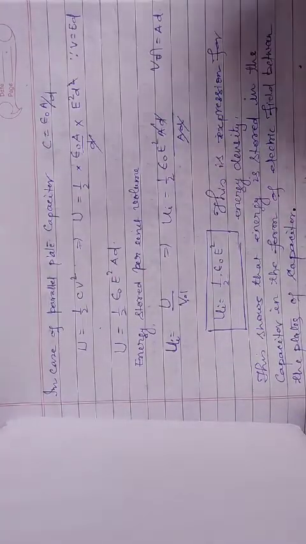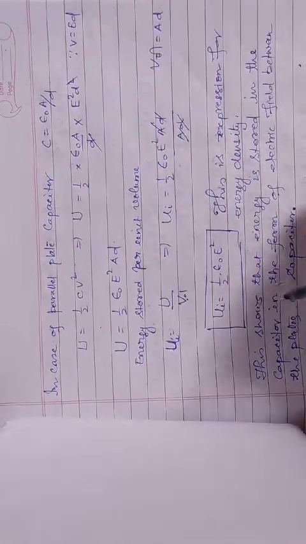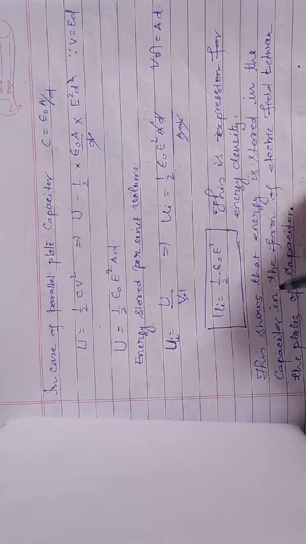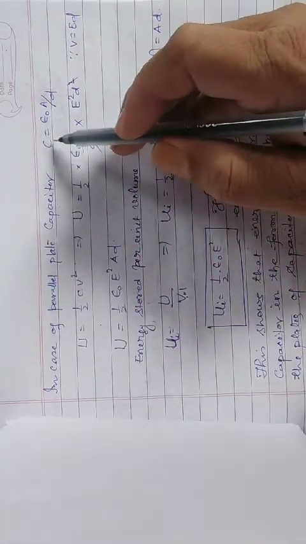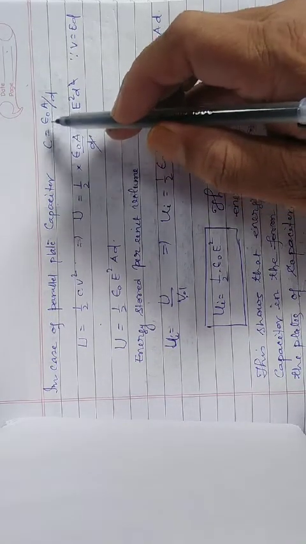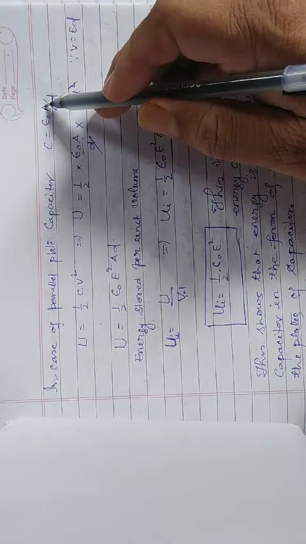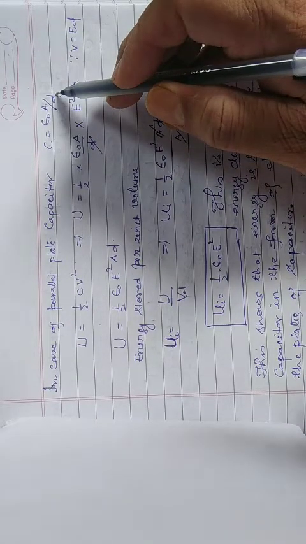Now let us find out the energy density of the energy stored between the plates of the capacitor. For that, let us consider a parallel plate capacitor. So capacitance of a parallel plate capacitor is given as epsilon naught A by d, where A is the cross area of the plate and d is the separation between the plates.